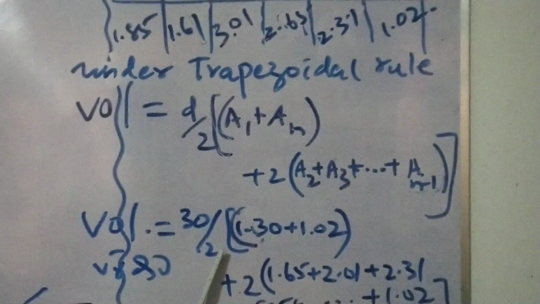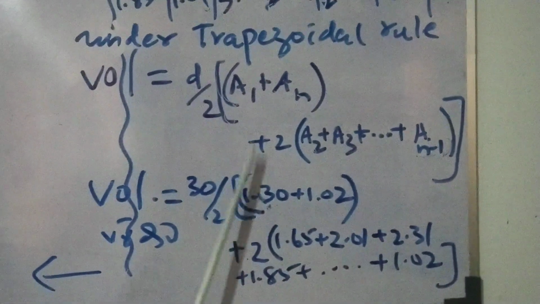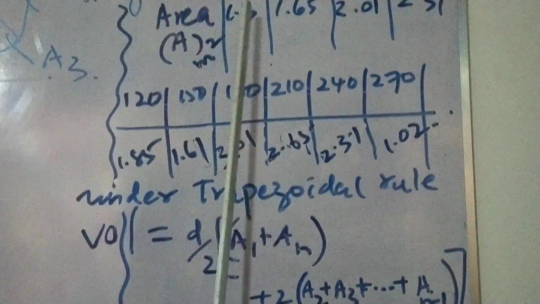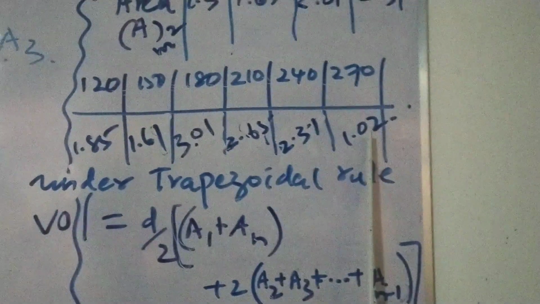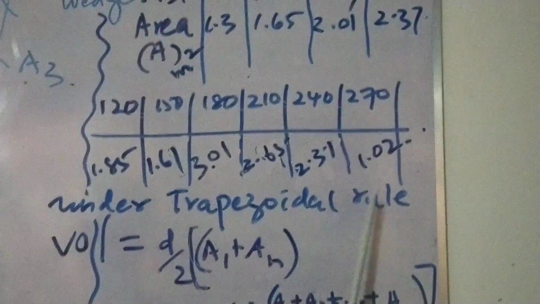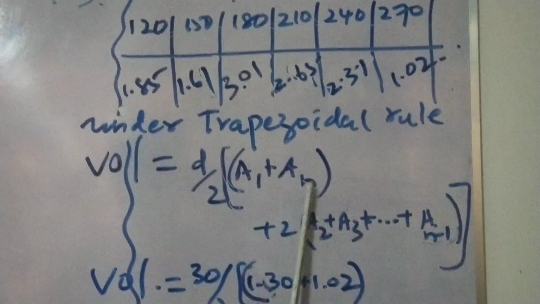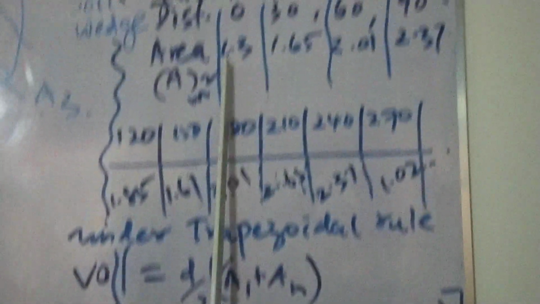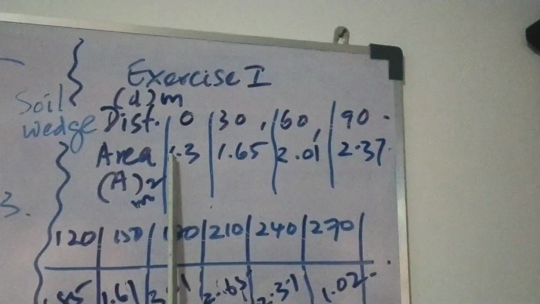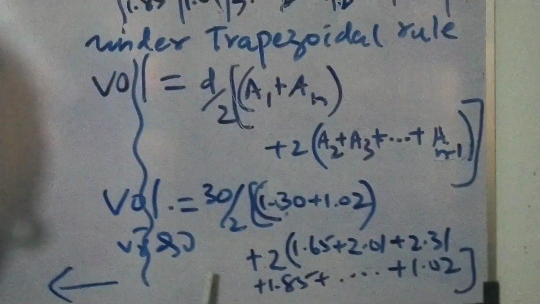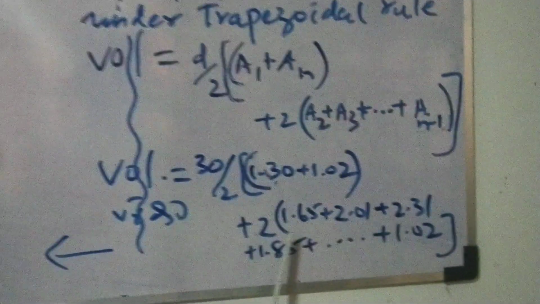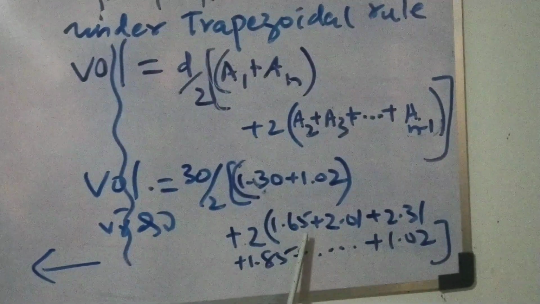The first area is 1.30 and the last one is 1.02, so A1 plus AN is 1.30 plus 1.02, plus 2 into the rest.